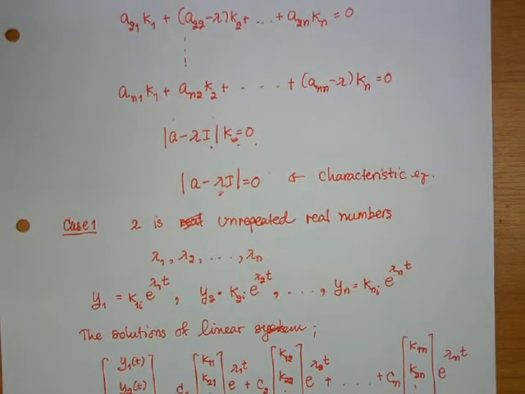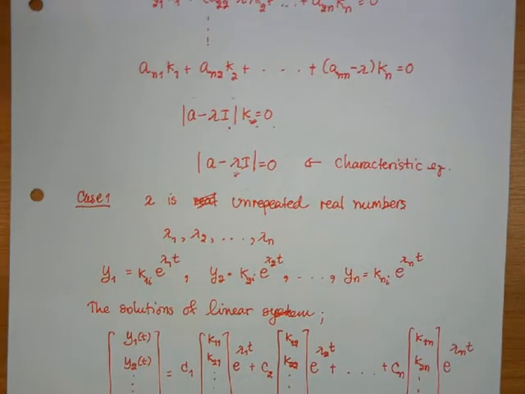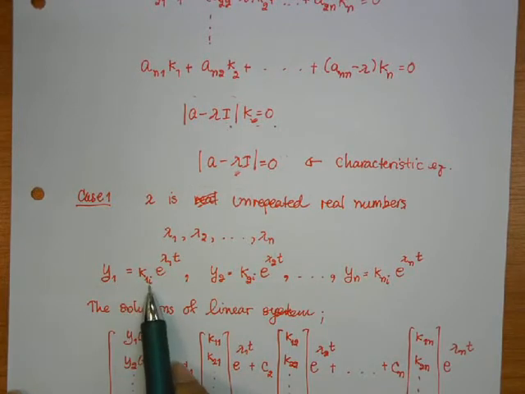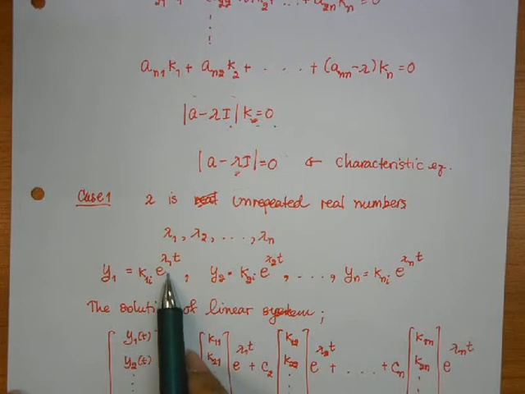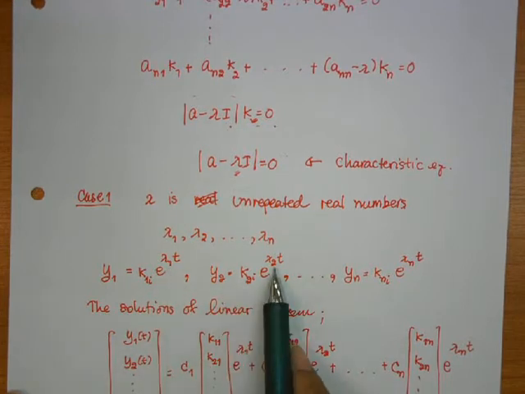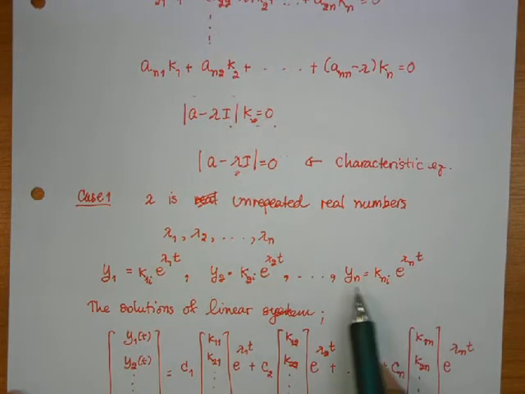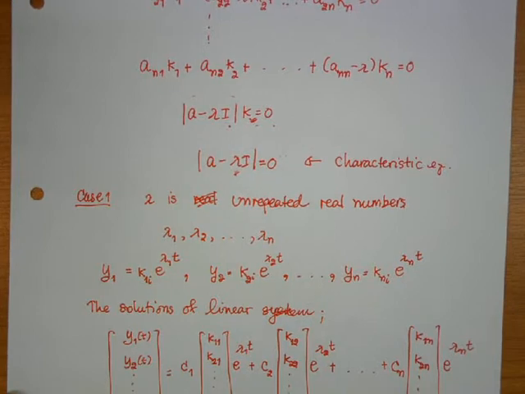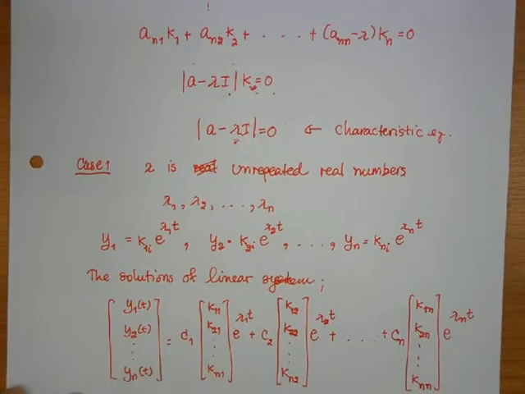So when you find n values of lambda, your y1 is equal to k1 times exponential of lambda 1 t. For y2 you got lambda 2, for y3 you got lambda 3, and for yn you got lambda n. And then the way to write down the solution of your linear system is as a matrix.